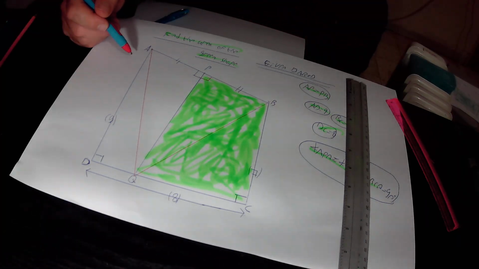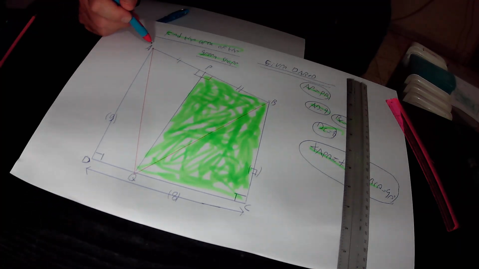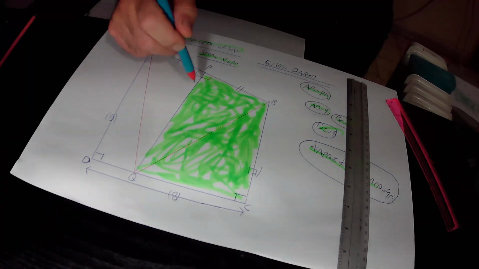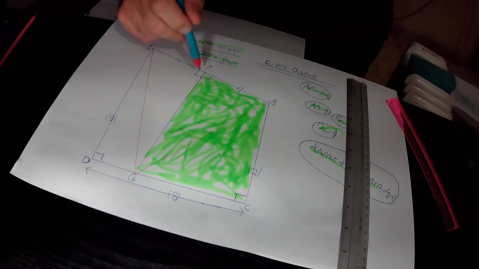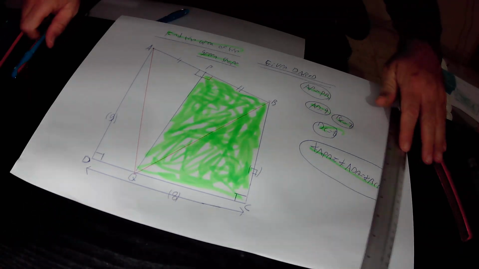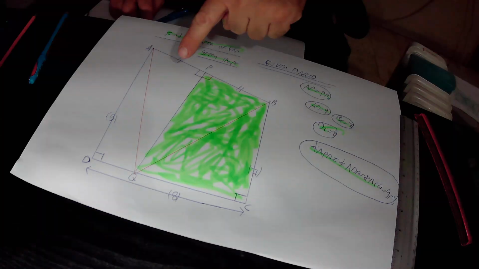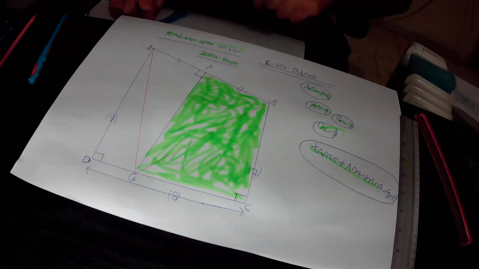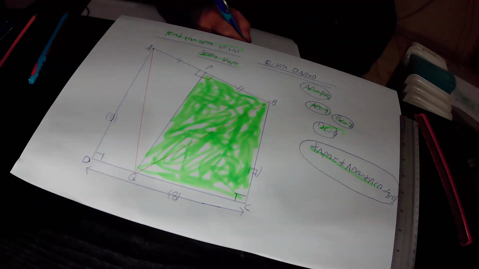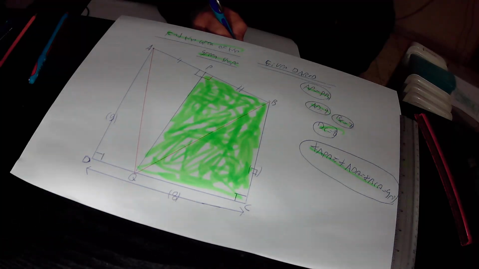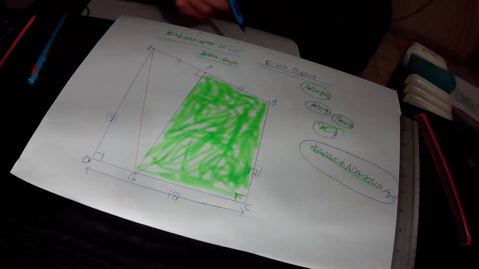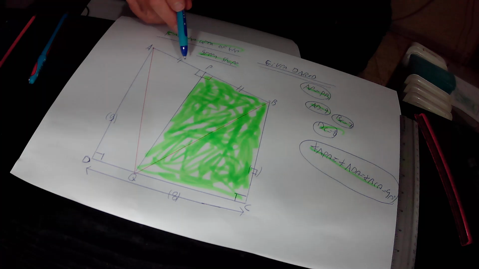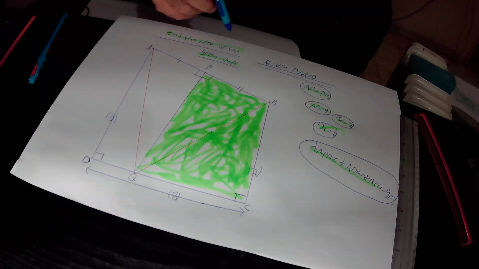In the next step, we prove that the white triangle APQ is congruent to the green right triangle PQB according to the side-angle-side rule. So we have to prove that this white triangle APQ is congruent to this green triangle PBQ.